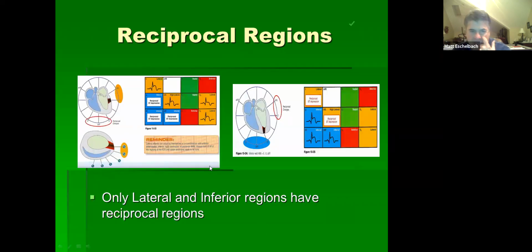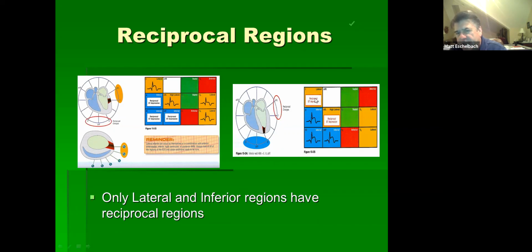Keep in mind that the lateral leads usually talk to the inferior leads. So lateral and inferior regions have reciprocal changes. What we mean by that is, here we've got ST elevation in 2, 3, and AVF.